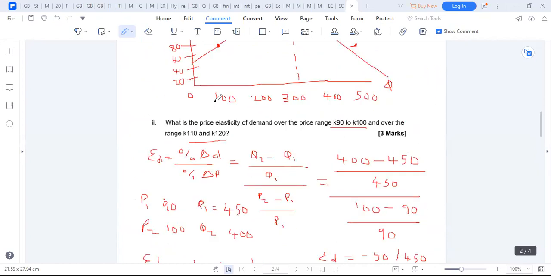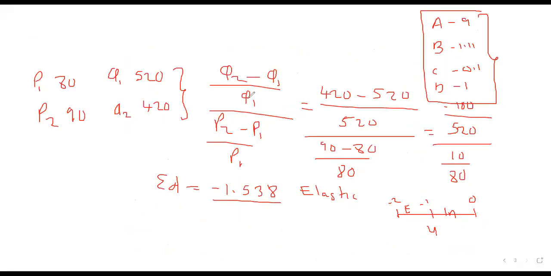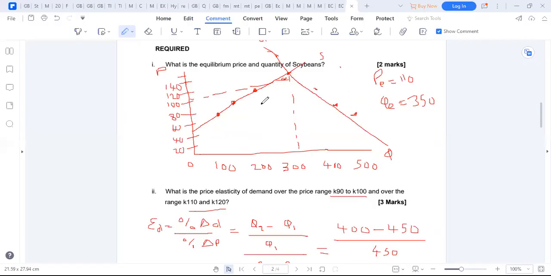Then also we need to calculate the range between 110 and 120. So price 1 is 110, price 2 is 120.